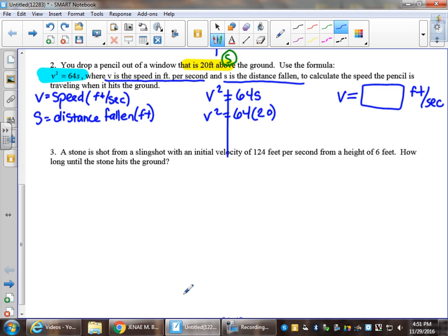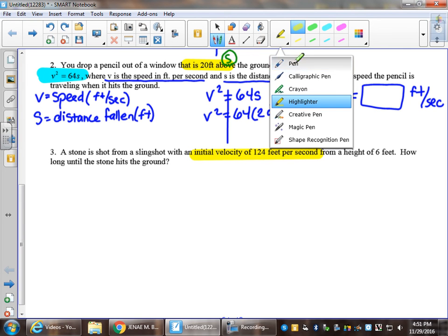Number 3, a stone is shot from a slingshot with an initial velocity of 124 feet per second from a height of 6 feet. How long until the stone hits the ground? First of all, I don't see any model, so I know I have to build my own. Second, I see an initial velocity of 124 feet per second.